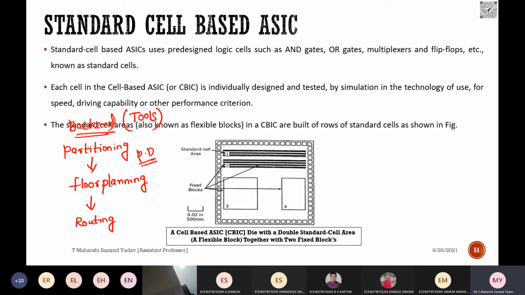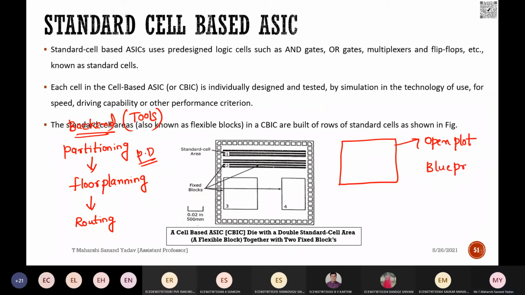PD, physical design. Floor planning is, suppose this is the amount of area available to you, take this as some open plot. If you want to construct your house, you'll go for a blueprint. In that blueprint, they will tell you that this portion can be used for the bedroom, and this portion can be used for the kitchen, like that.